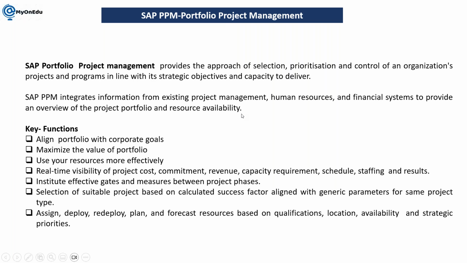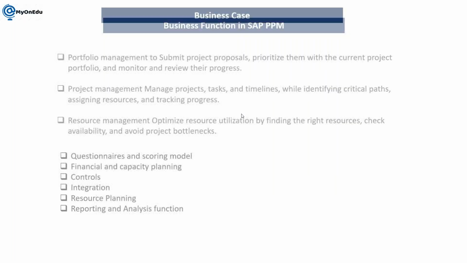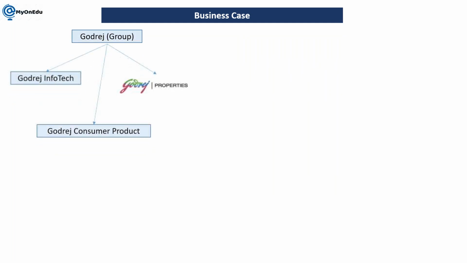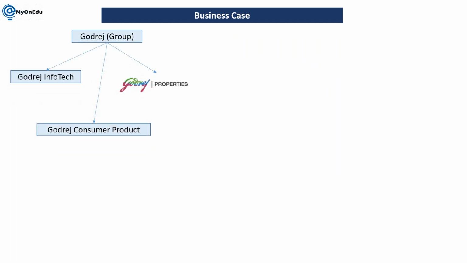So here I have taken one business case. Let's say this is one group of companies, the Godrej group of companies, and this group has different legal companies: Godrej Infotech, Godrej Consumer Products, Godrej Properties.